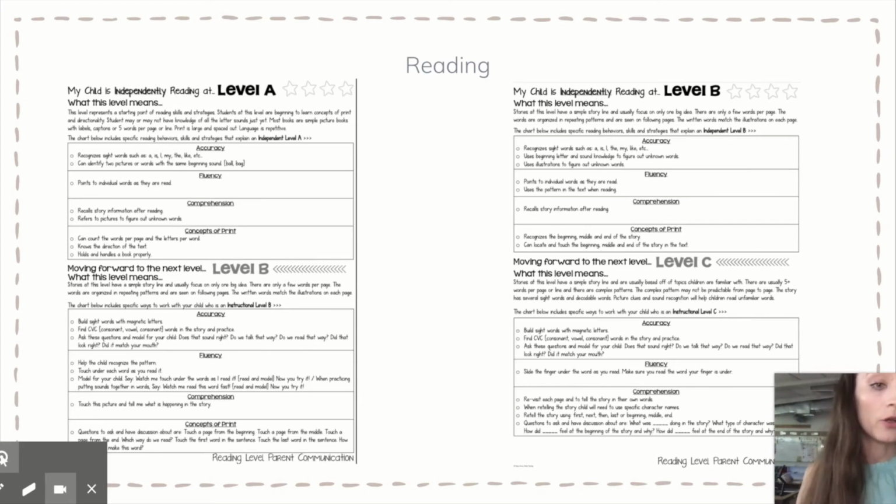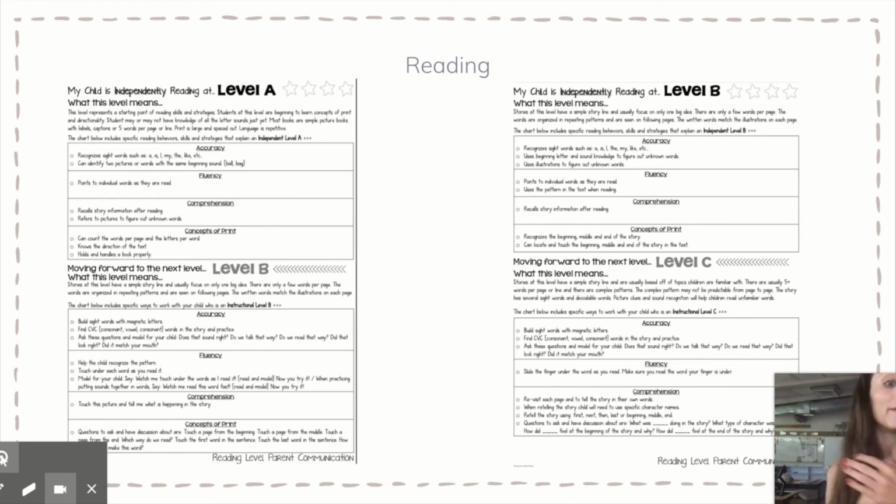So answering who, what, where, when, why questions about a story that they just read. And they also can use those pictures to figure out what it was when they don't remember. They should also be able to know the direction of the text. So that means reading from left to right. And they can hold and handle a book properly.